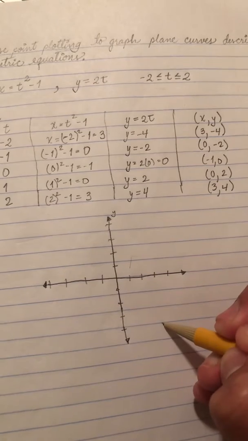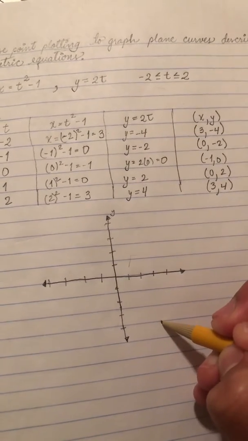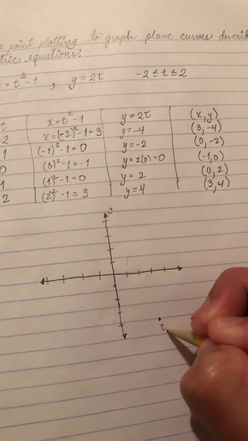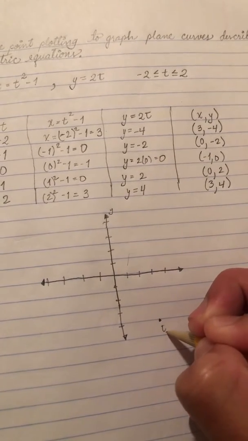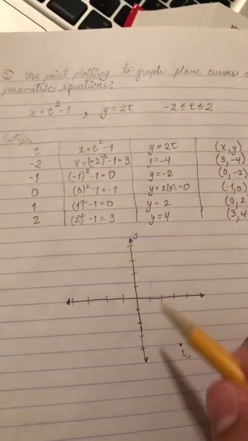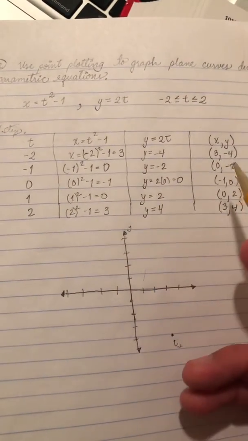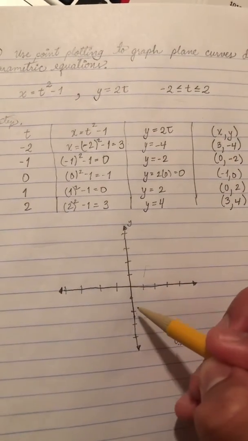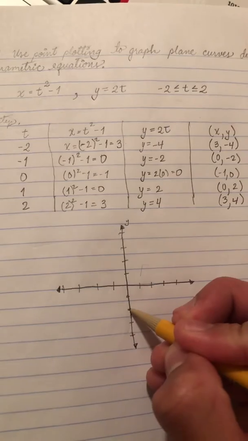So it's close to here. This is t equals negative 2. Then when t is negative 1, it's going to be 0, negative 2, which is going to be here.